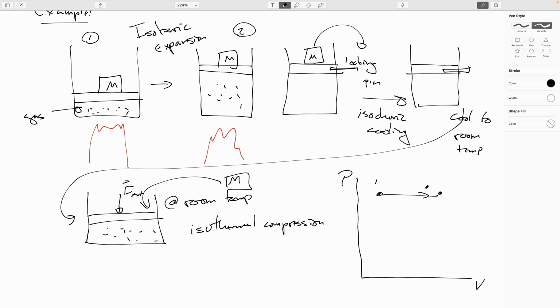This is my isobaric expansion. And then this bit here where I'm just cooling down to end up here at room temperature, this is going to give me my isochoric cooling, constant volume, like so.